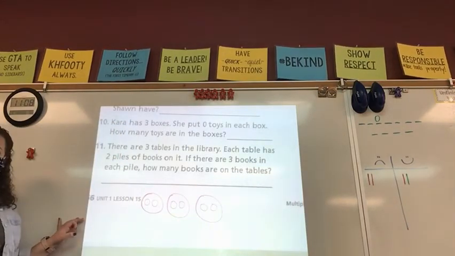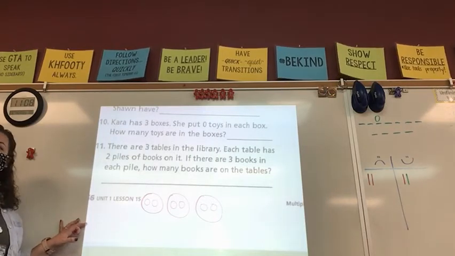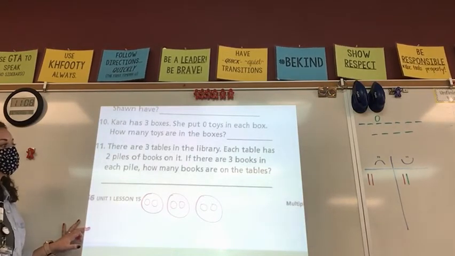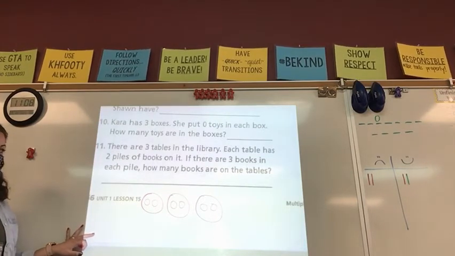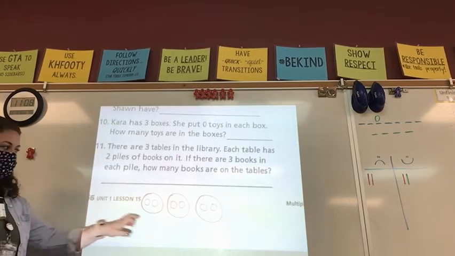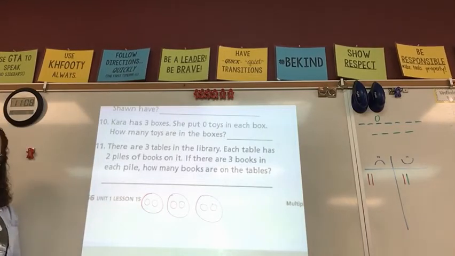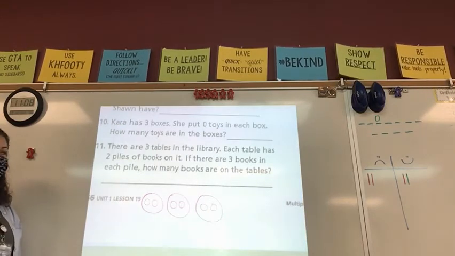What else do I know? Maddie, you know that there are 3 tables. We already got that down. We got 3 tables, we got 2 piles on each table.